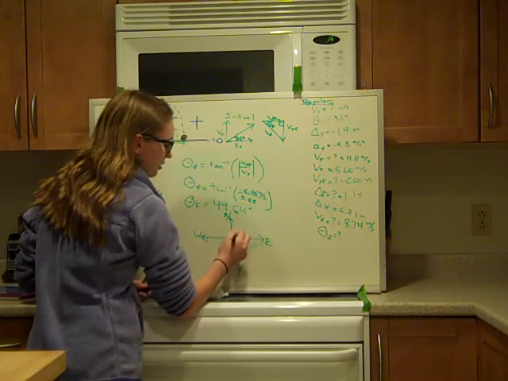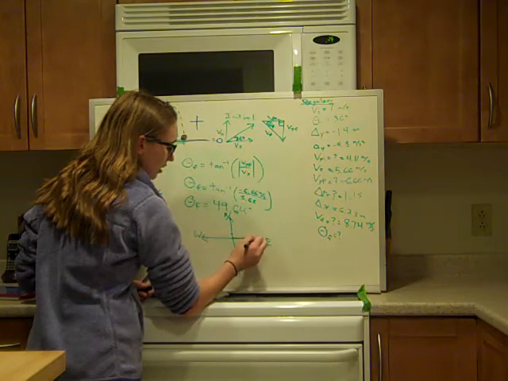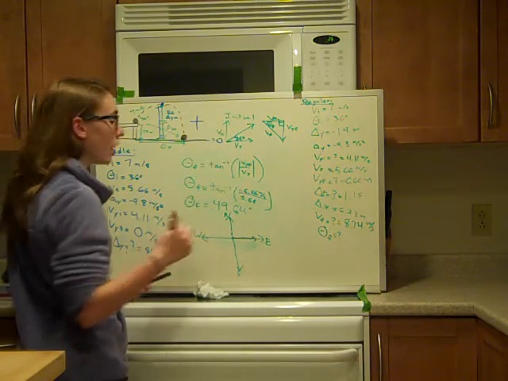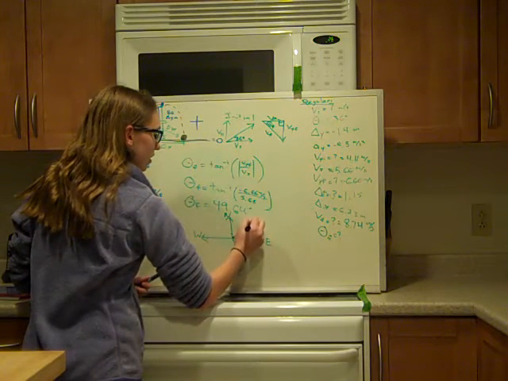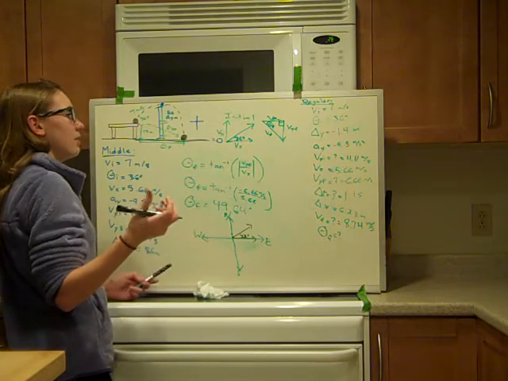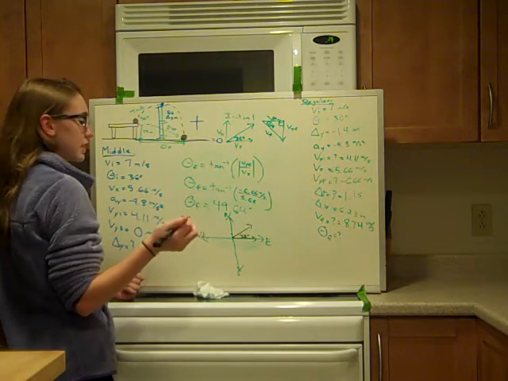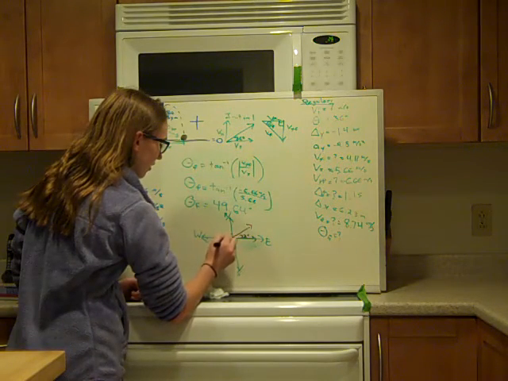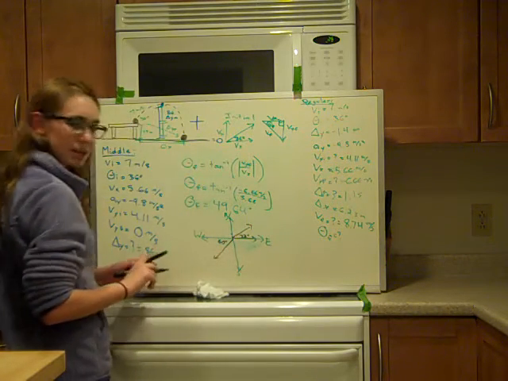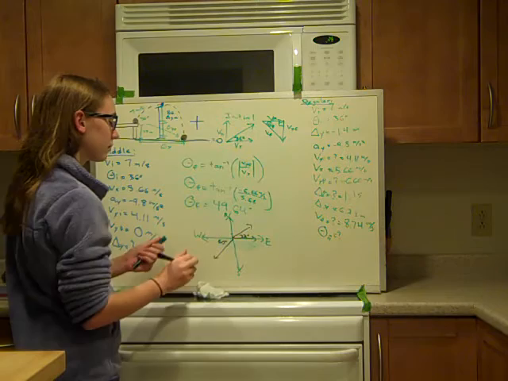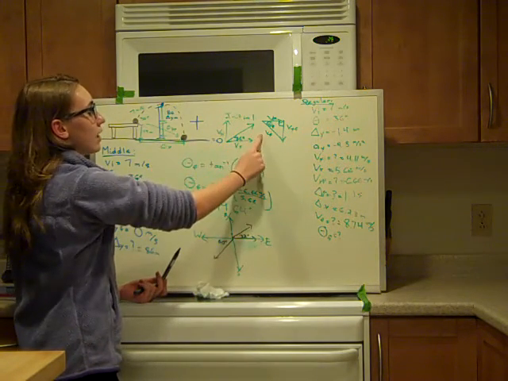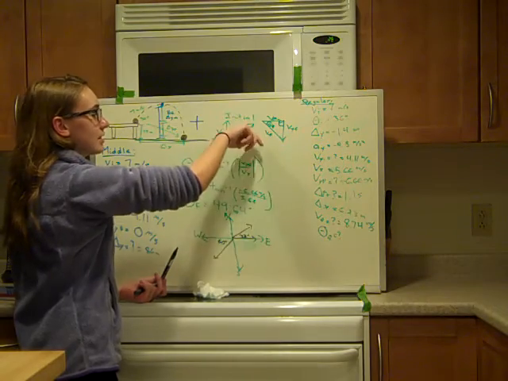So then, if something is going straight east, it's just going to go like that. If something is going 32 degrees north of east, it's going to go like that. If something is going, I don't know, 60 degrees south of west, it's going to be going like that. Does that make sense? You see how the velocity final arrow is going down like this.